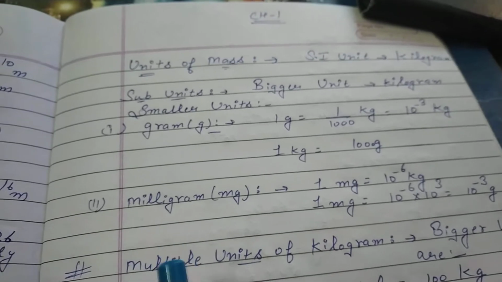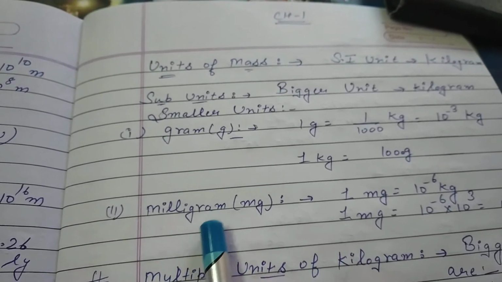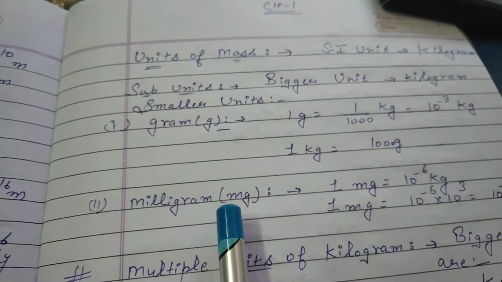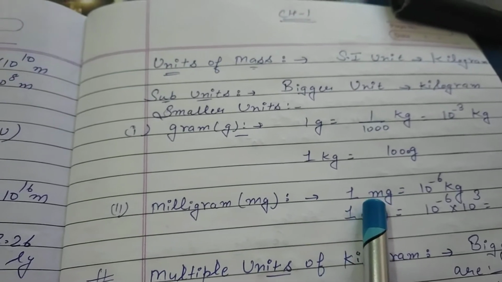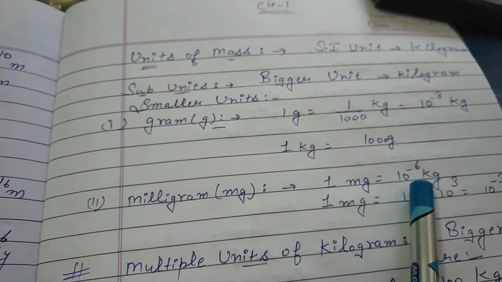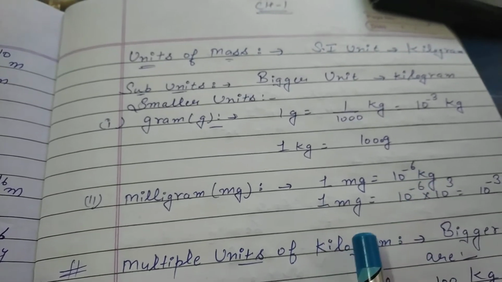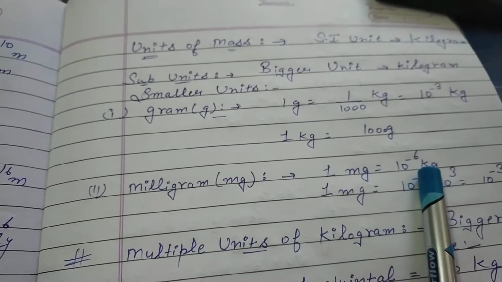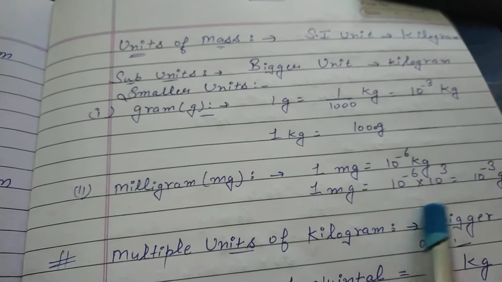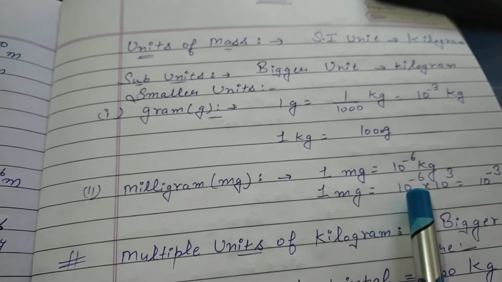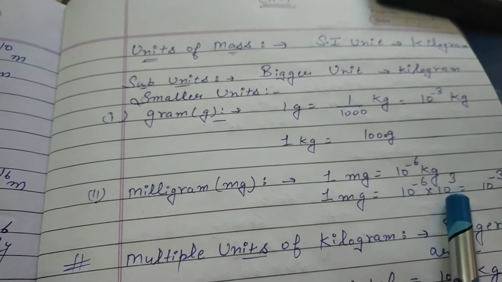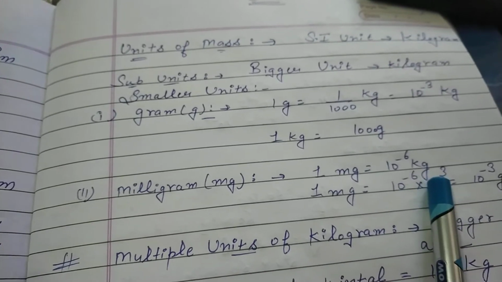Okay. Now the second unit is milligram. This is also a smaller unit. What is the value of 1 mg? 1 mg is equal to 10 to the power minus 6 kg. Now if we want to convert this kg into gram, how will we convert? 10 to the power minus 6 multiplied by 1000. 1000 means 10 to the power 3.